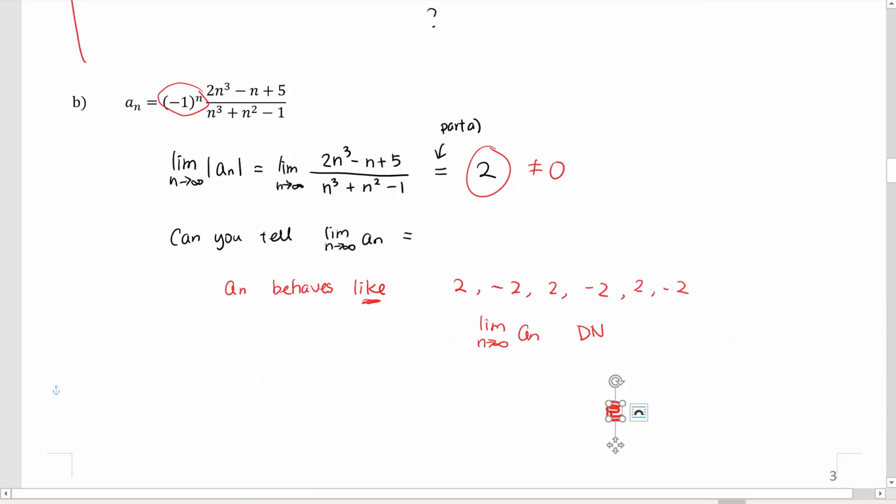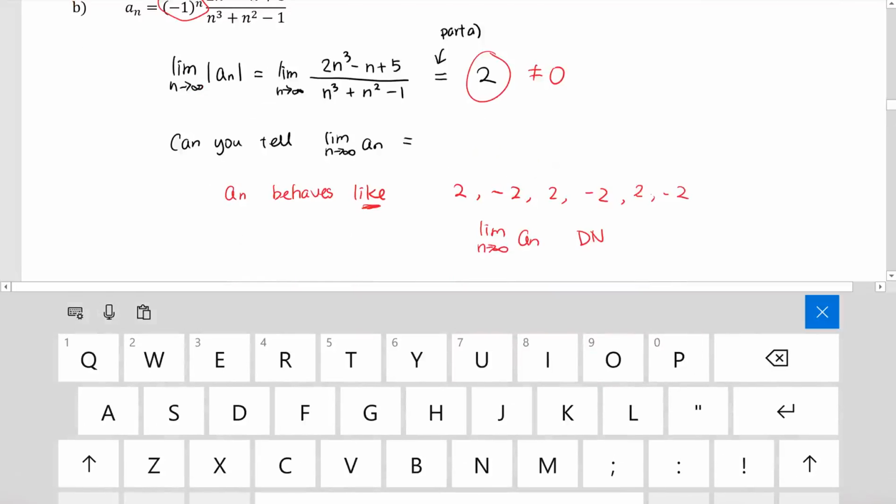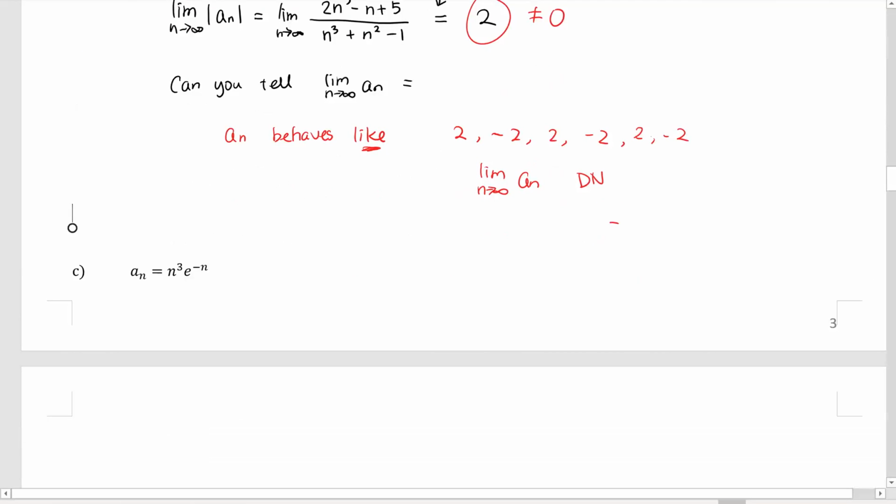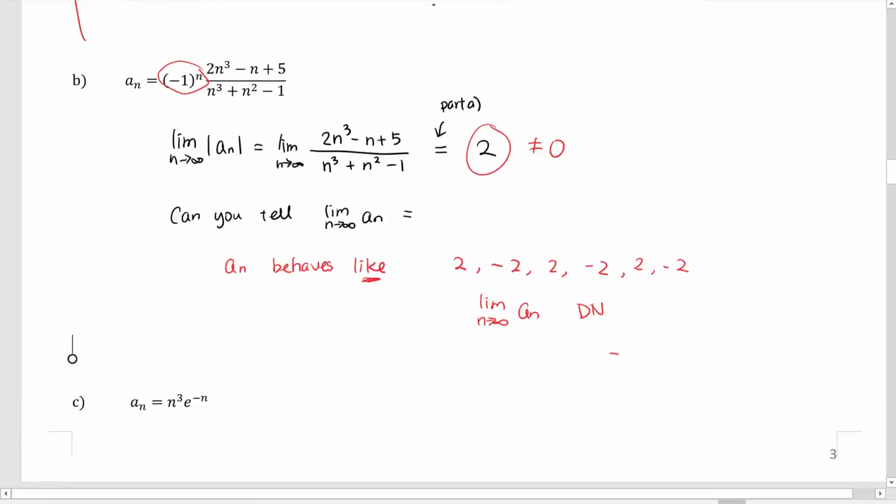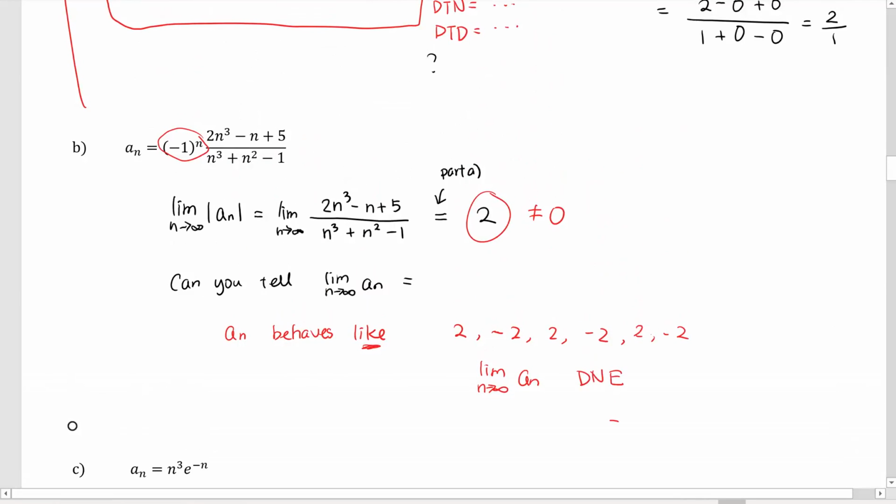If the limit of a sub n does not exist, we say the sequence diverges. Okay? All right. So let's continue to part B of the video.